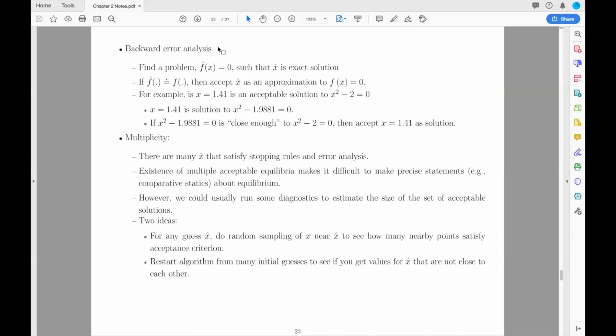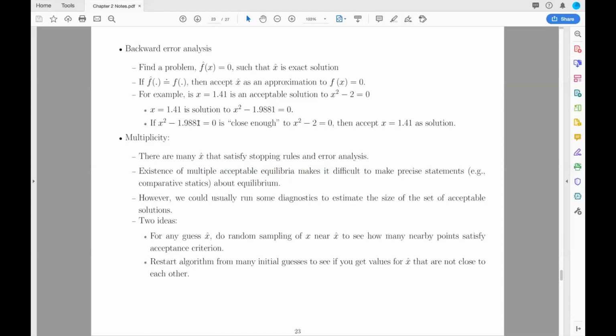So backward error analysis is what we've been doing. You find some other function f hat, which is close to the f you care about, and then x hat is a true solution to f hat, and then you see if these two functions are close.